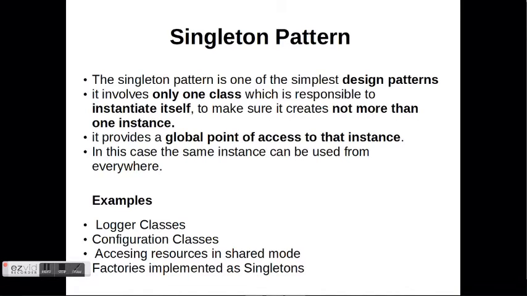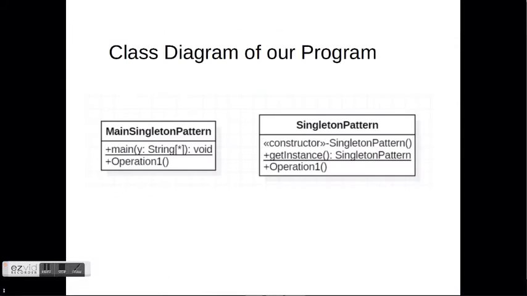In the second slide we will see a class diagram, how this singleton pattern is implemented in our program in the form of class diagram. See here, this is the class diagram of our program. We have two classes. One is singleton pattern class and the next one is main singleton pattern class.